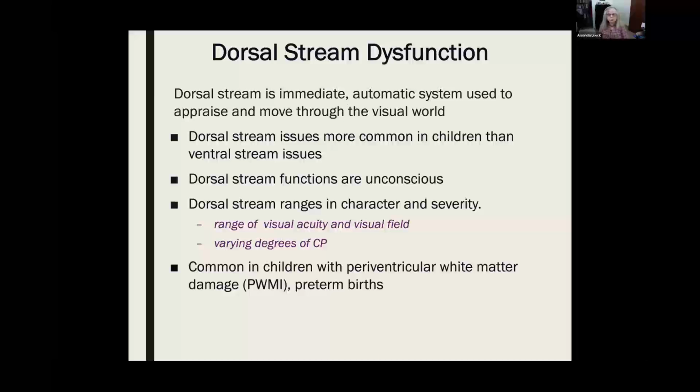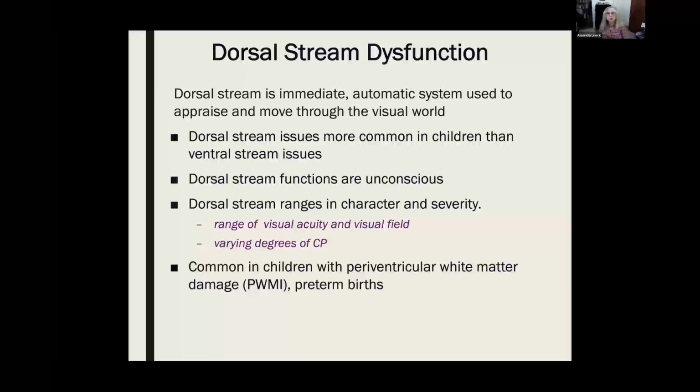So dorsal stream dysfunction is immediate, it's an automatic system, and it's used to appraise and move through the visual world. Dorsal stream issues are more common in children than ventral stream issues, and dorsal stream functions are unconscious. You're not aware that you have a dorsal stream issue unless someone points it out to you, and you may not be aware of what's happening when it's happening.